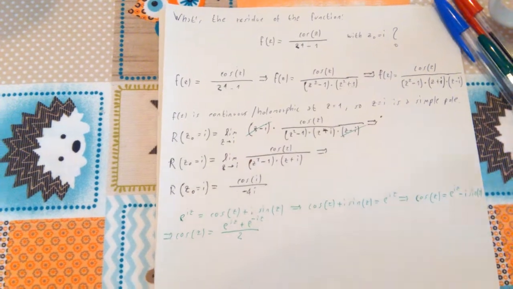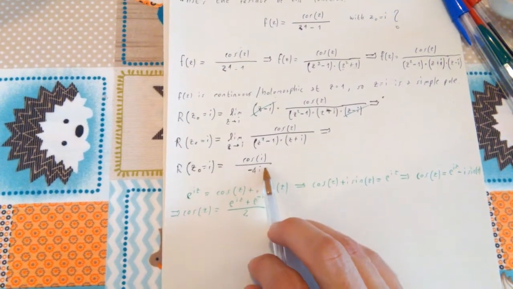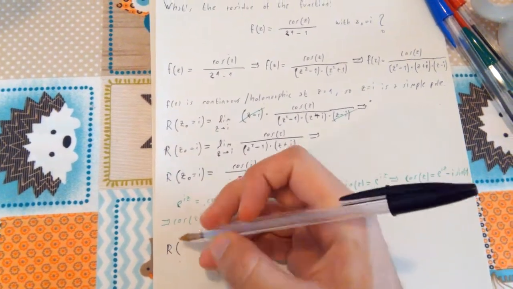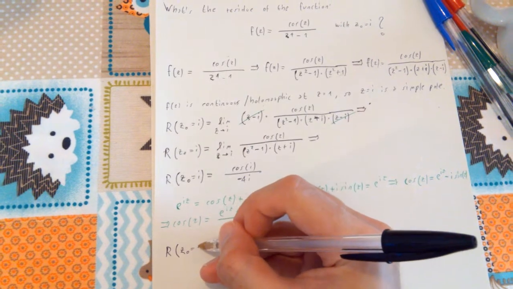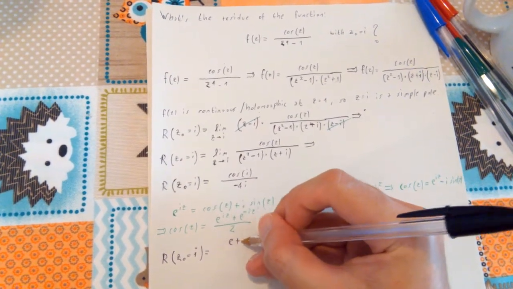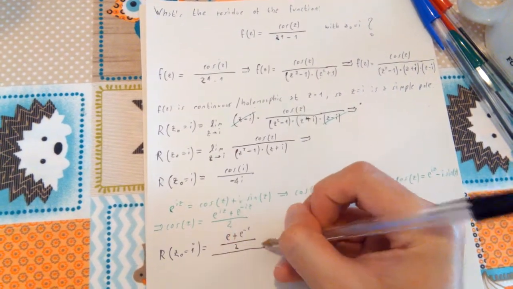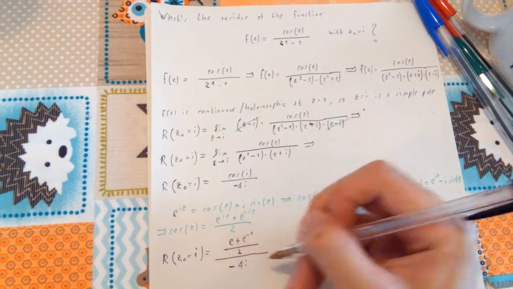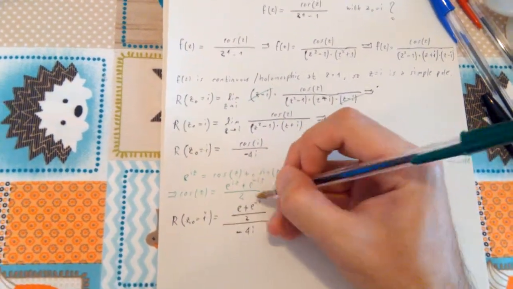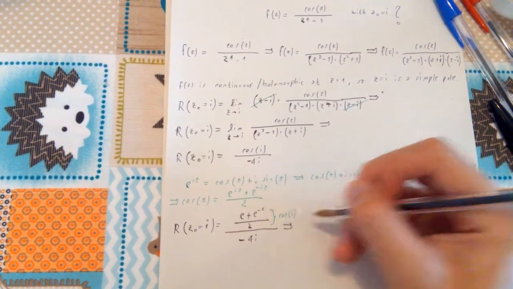Now, if we apply this to our result, we get that the residue at z0 equal to i is e plus e to the negative 1 over 2 everything over negative 4i, where these two here are cosine of i.